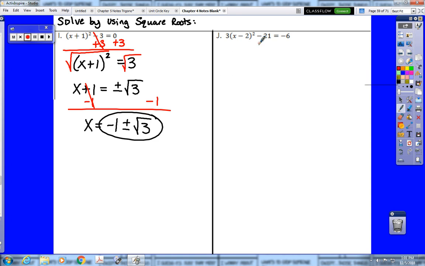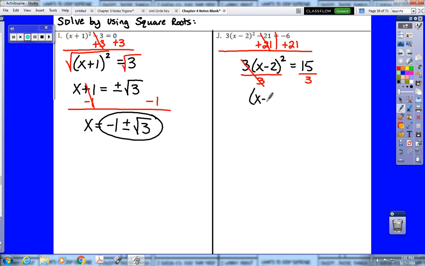All right, on to letter J. This one is a two-step solving process before we take the square root. We're going to add 21 to each side, which would be 3 times the quantity x minus 2 squared equals 15. Then we are going to divide by 3 to isolate the parentheses, which would give us x minus 2 squared equals 5.